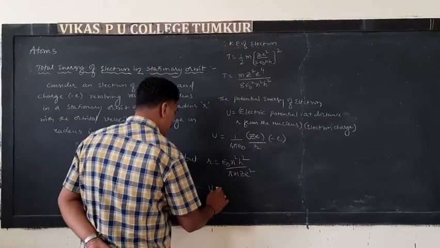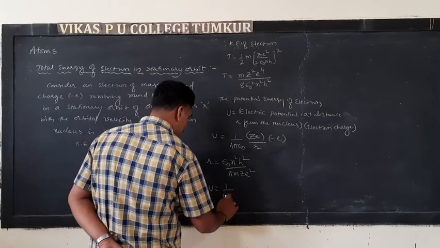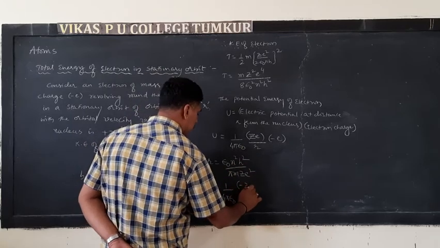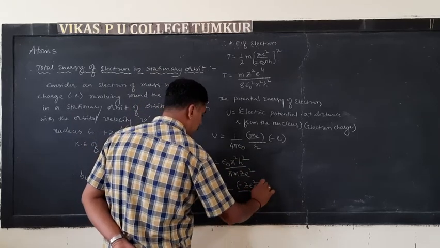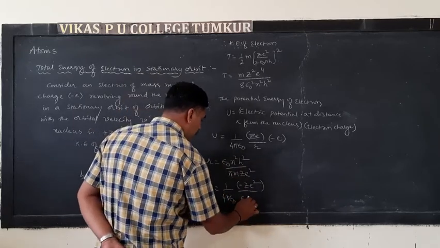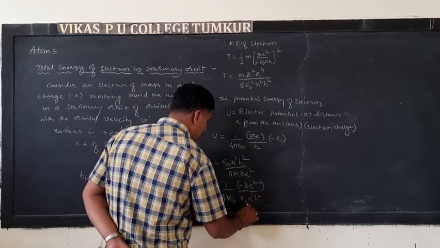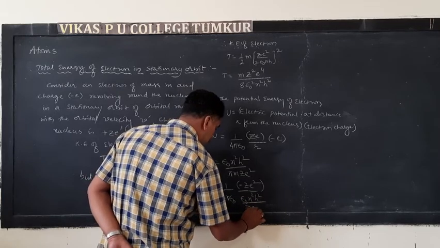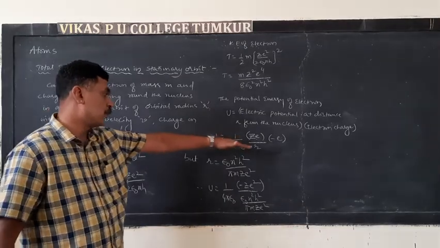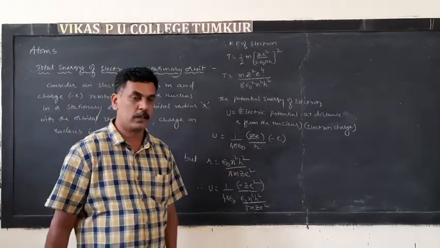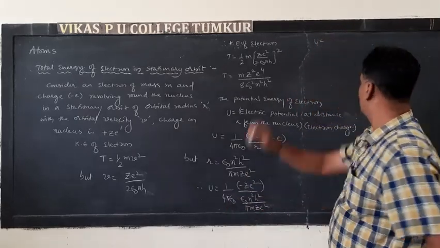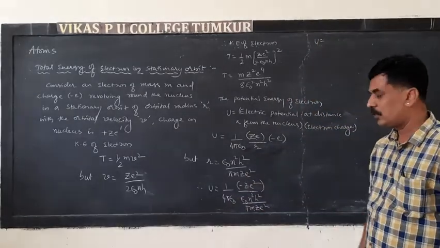Therefore U is equal to 1 by 4 pi epsilon naught, multiplied by minus Ze squared, divided by r, where I substitute r as epsilon naught n squared h squared by pi m Z e squared. Simplify this and what do I get?